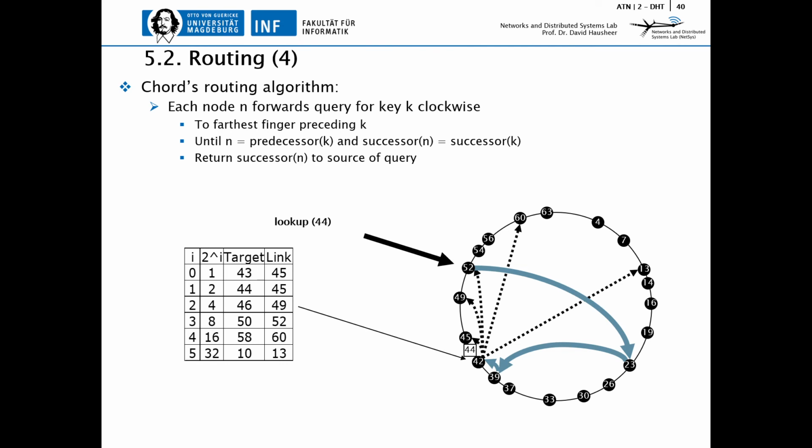And so in the last step, we now found a node that is the predecessor of k, and the successor of itself is actually the successor of the key as well. And so we have found the responsible node for the key with ID 44, which is node 42. And so this answer is now returned to the source of the query.